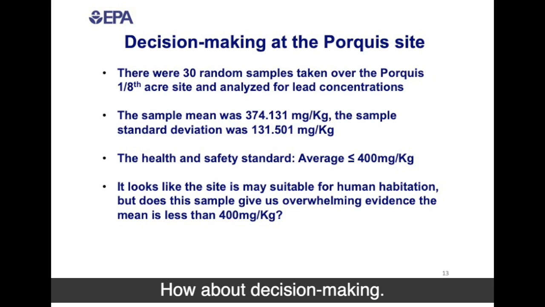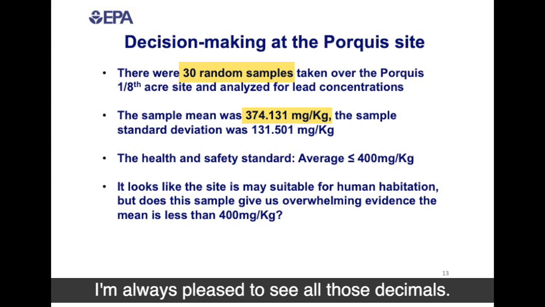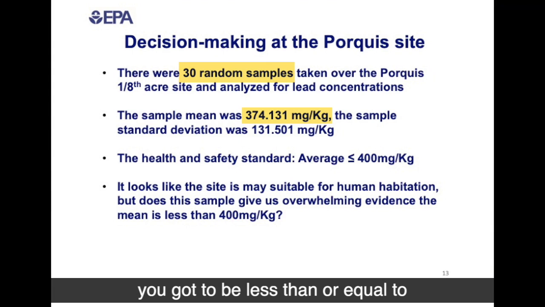How about decision making? Let's have a quick look at decision making. This is the Pourquoi site. There were 30 random samples. The mean of the samples was 374.131. I'm always pleased to see all those decimals. The health and safety standard is you've got to be less than or equal to 40 milligrams per kilogram.